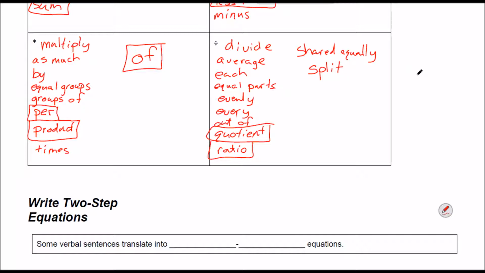But definitely by far, quotient and ratio are talked about probably more than any of the other ones, okay?